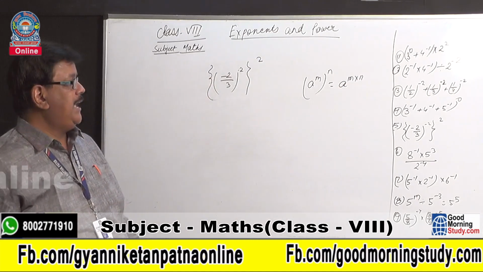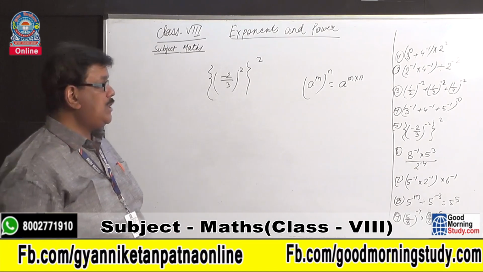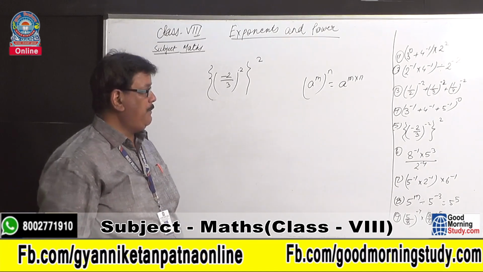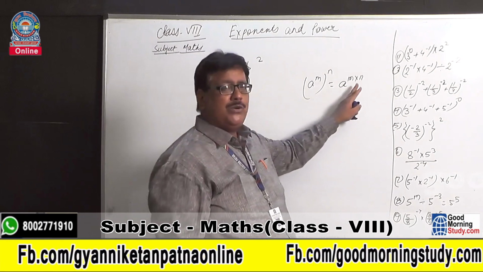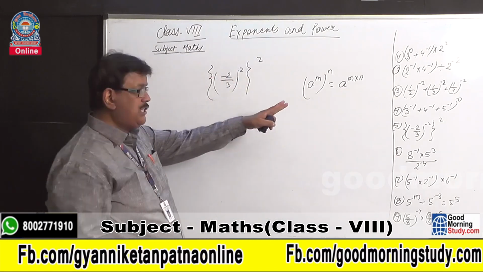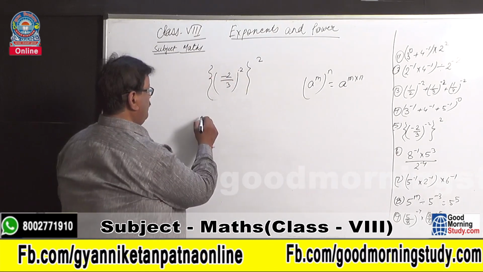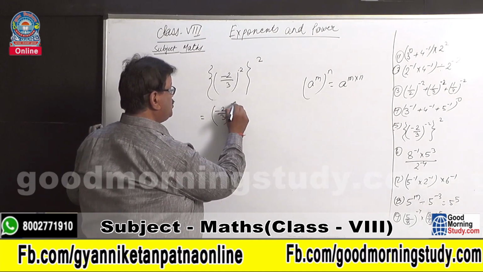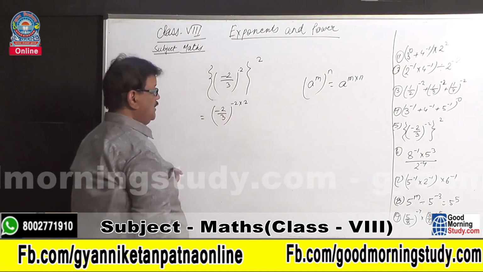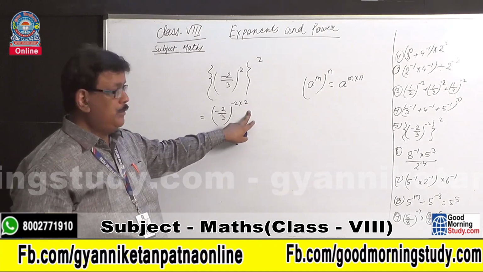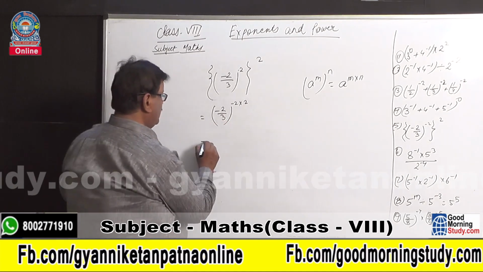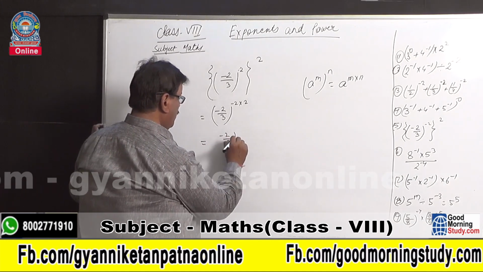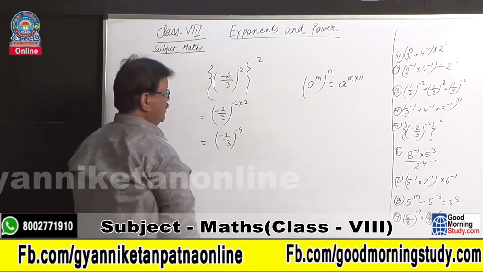Now using that theorem, minus 2 by 3 whole raised to the power minus 2 into 2, so we get minus 2 by 3 whole power minus 4.